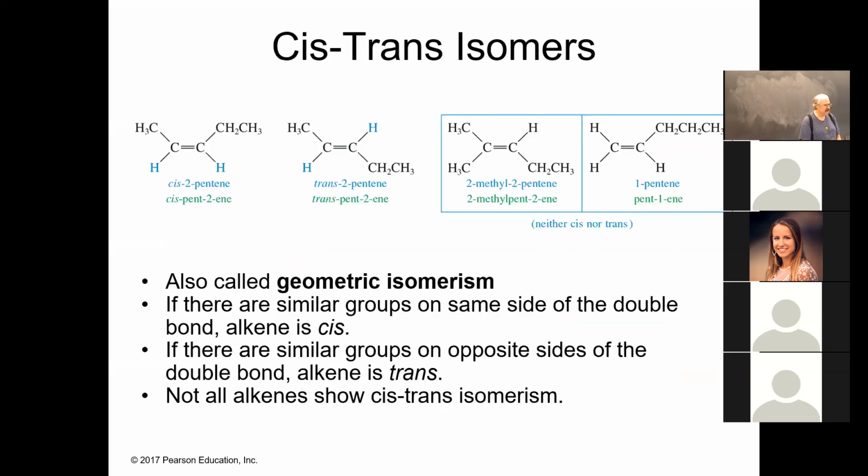Now, cis-trans or geometric isomerism. This results from the fact that we don't have free rotation about a double bond. If there are similar groups on opposite sides of the double bond, the alkene is trans. And not all alkenes will show cis-trans isomerism.